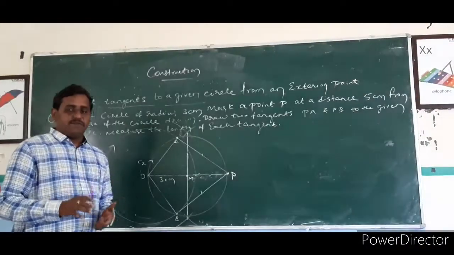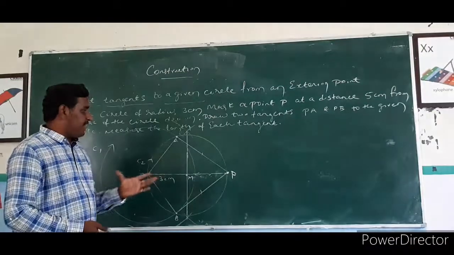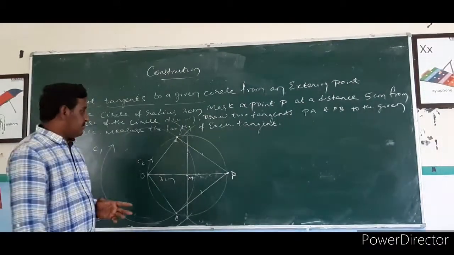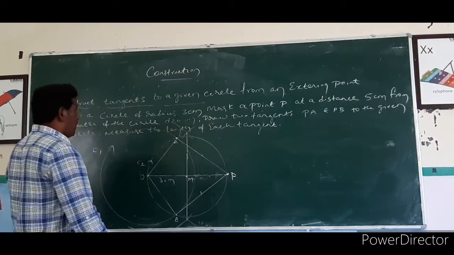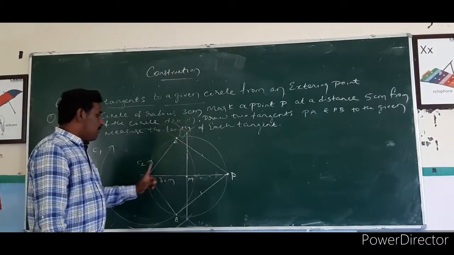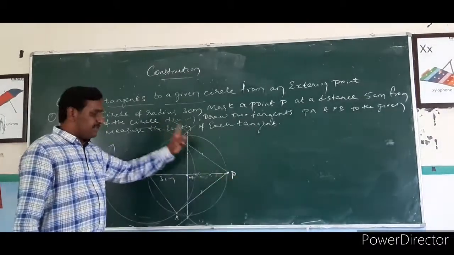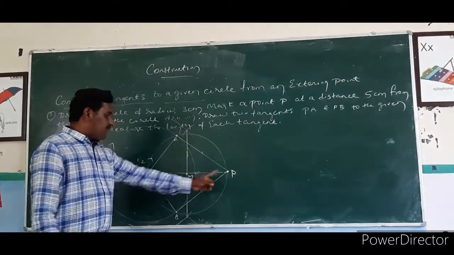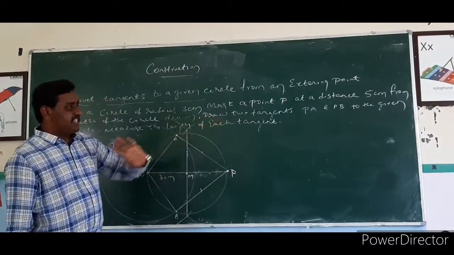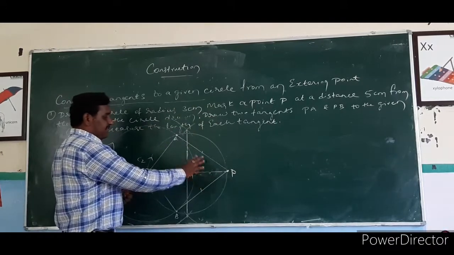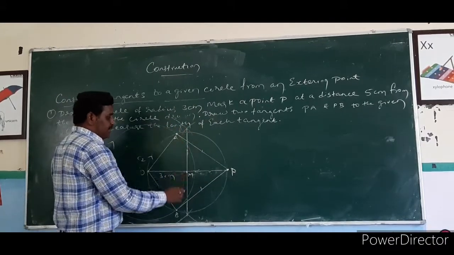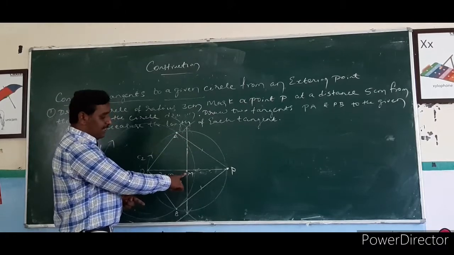So what are the steps? Once again I explain, because this is a very important construction. First you draw a circle of radius 3 centimeter. Second step is to mark P outside at the given distance. After that you bisect the line segment, so you get the midpoint of that line.